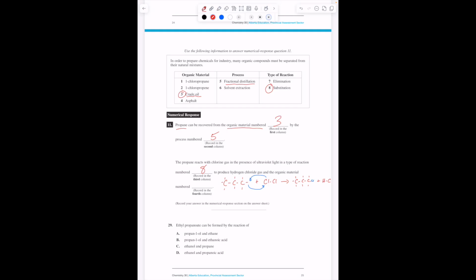With elimination, I would have formed a double bond. And hydrogen chloride gas and the organic material numbered. So I made this, which is 1-chloropropane, not ene. So 3581.